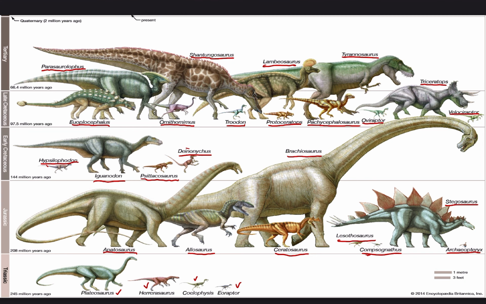For example, I want to compare Troodon with Tyrannosaurus. So I would make the sentence: Troodon is smaller than Tyrannosaurus. That is sentence number 1.